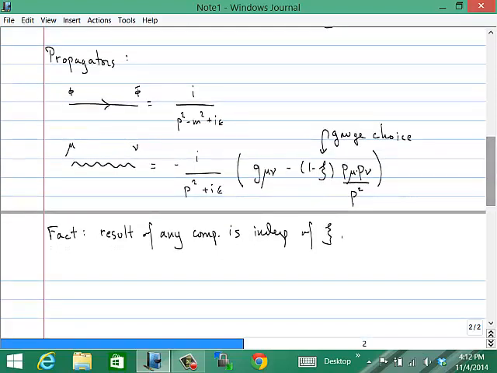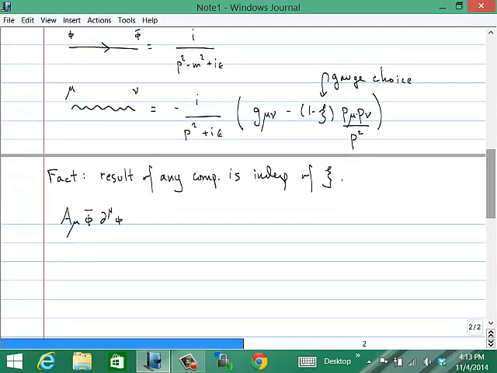Now, in addition to these free propagators, we also have interactions. There were terms in the Lagrangian that describe the interaction of a photon with an electron and a positron. So these lead to vertices that look like this.